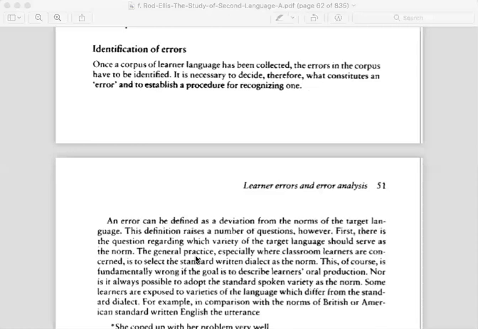So you would commit errors, or a language learner would commit errors, if he lacks competence, okay? He does not know it at all. It isn't that he has the knowledge and he's unable to perform.